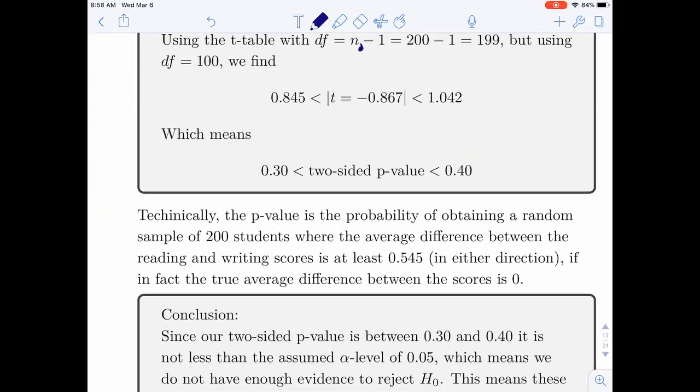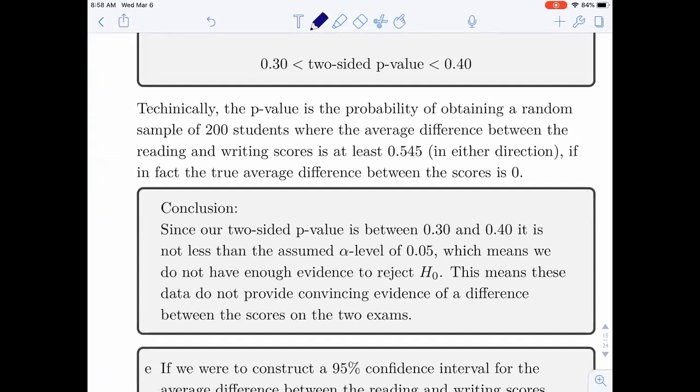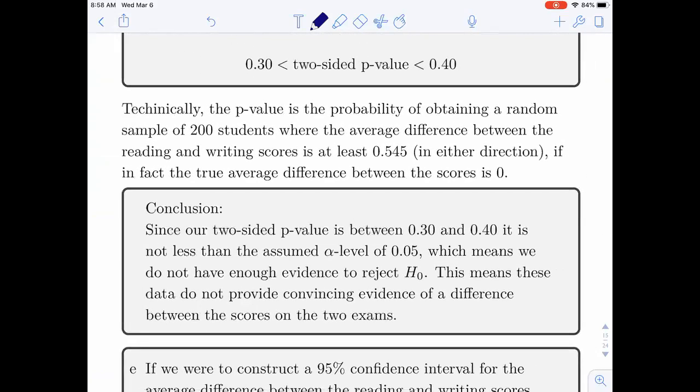And so our two-sided p-value is between 0.3 and 0.4. Okay. Got a little blurb here, right? Because if we think about the p-value, the definition of the p-value is the probability of seeing something as extreme or more extreme than what you saw, assuming that the null hypothesis is true, right?